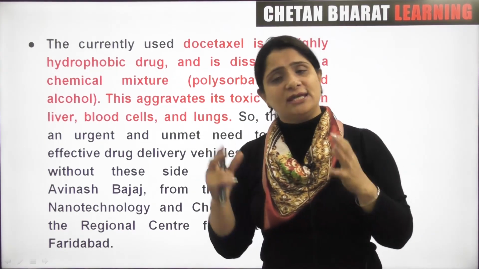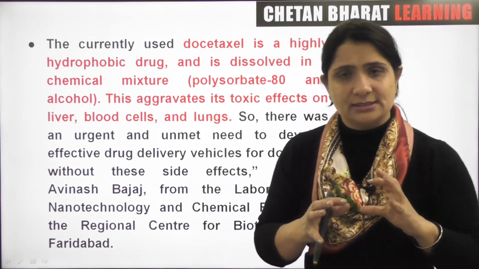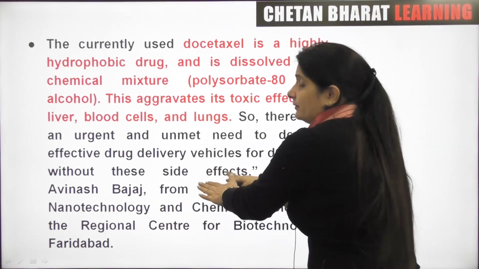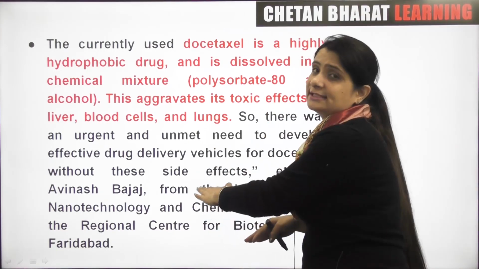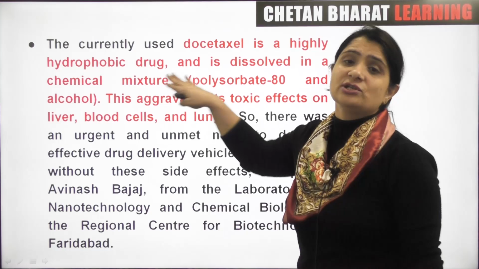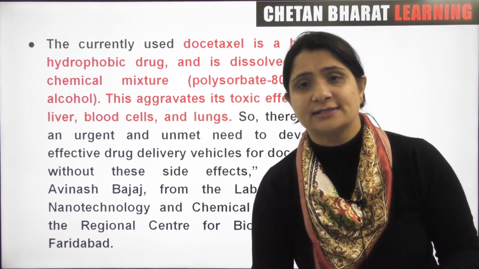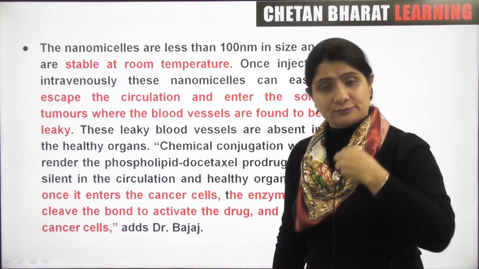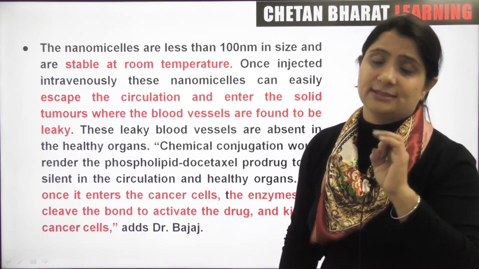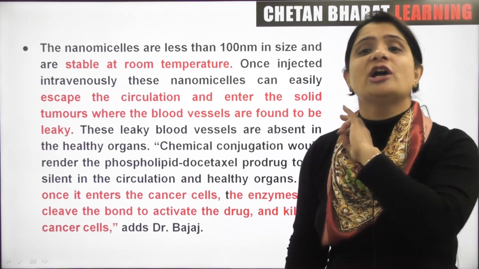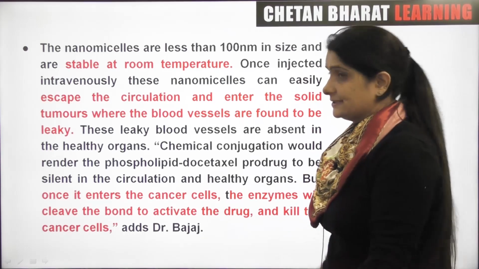When these drugs are made into a nanomissile, they can easily overcome the side effects which the initial mixture had. The solid cancerous cells have specific leakages in the blood vessels which are not present in the normal cells.